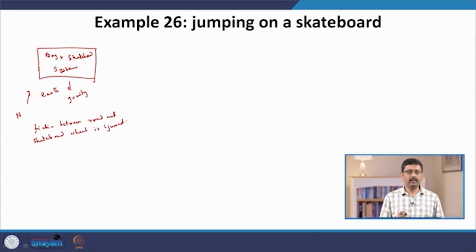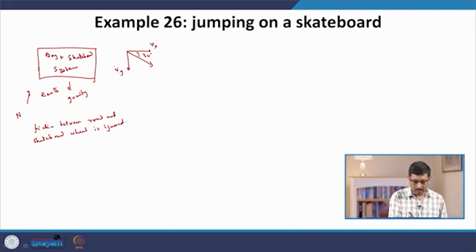In addition, there are two other forces which are internal forces in the system. The boy collides with the skateboard, hitting it at an angle of 30 degrees with the horizontal. So, it has a downward velocity Vy and a horizontal component, let us call it Vbx, where b is for the boy.